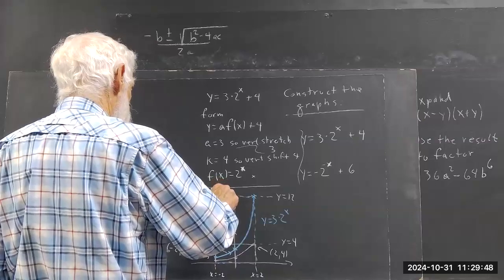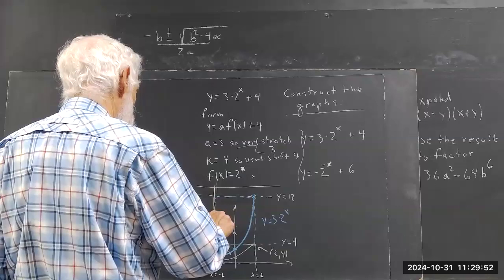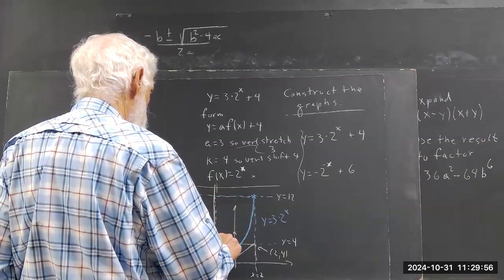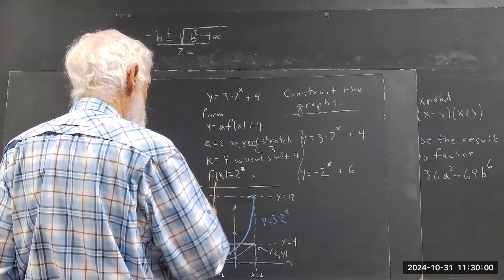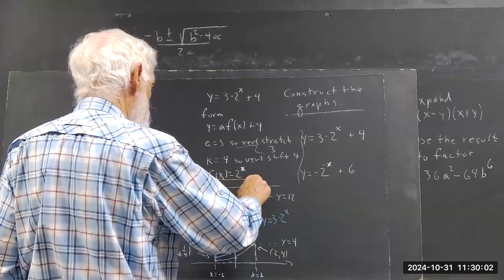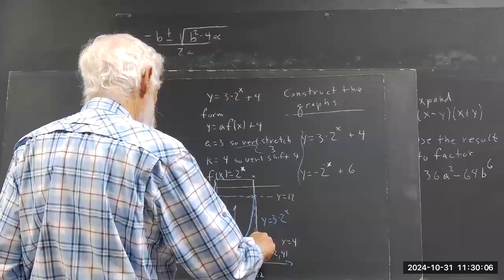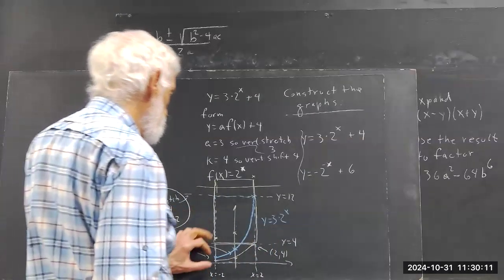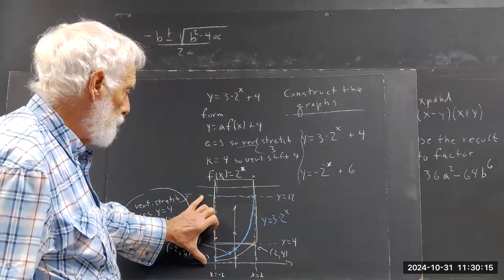Now we draw another box. I don't want to draw over my pretty blue line, so I'll draw one close to it. This is a new box. We started with the white box down here. We stretched it by a factor of 3 and got the blue box.